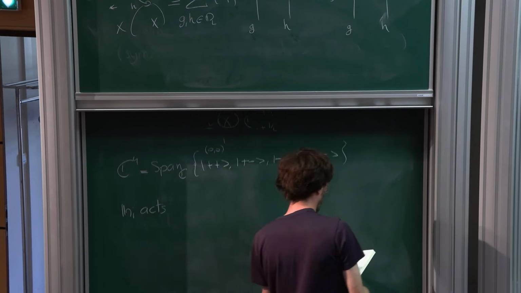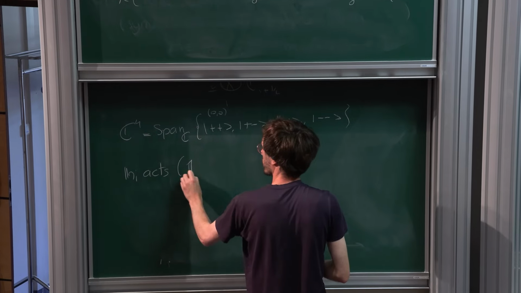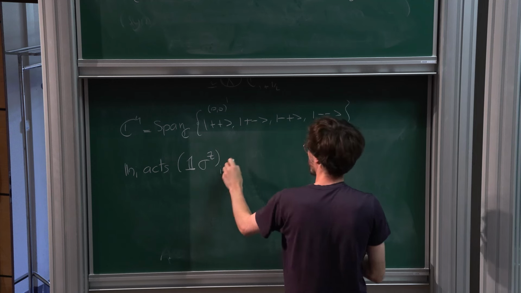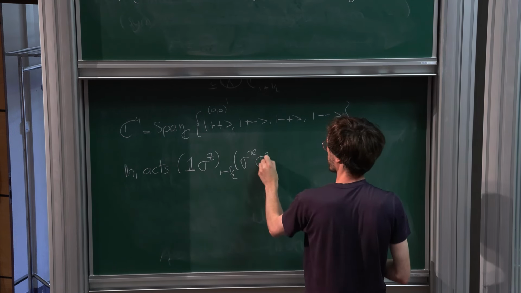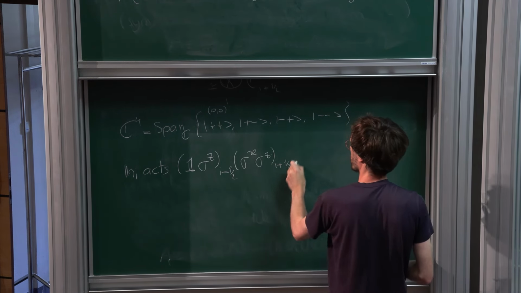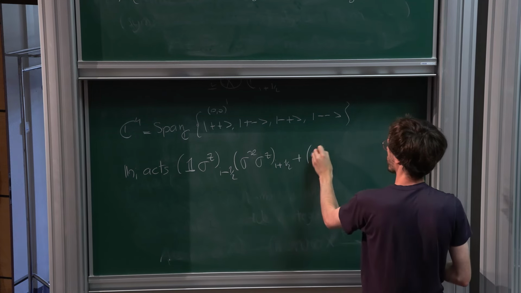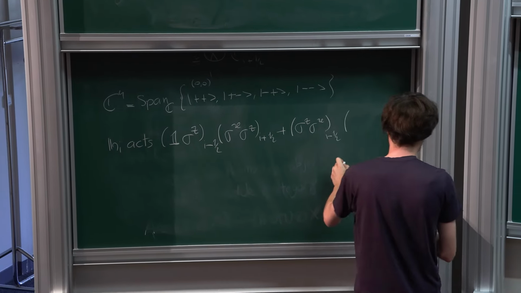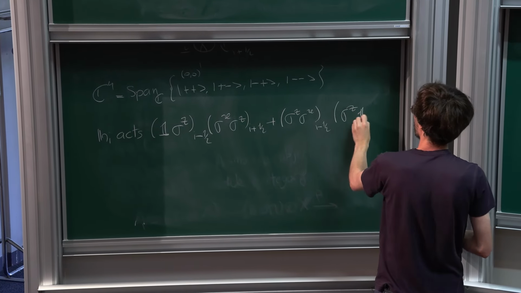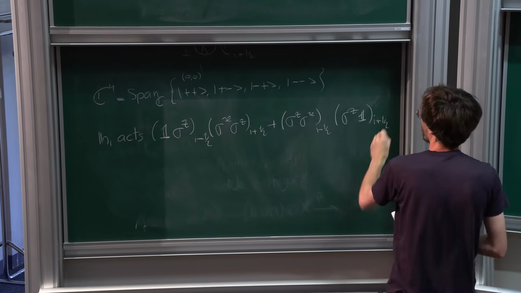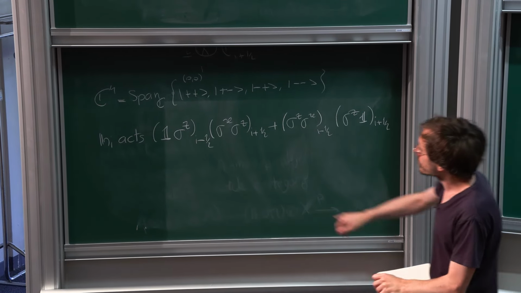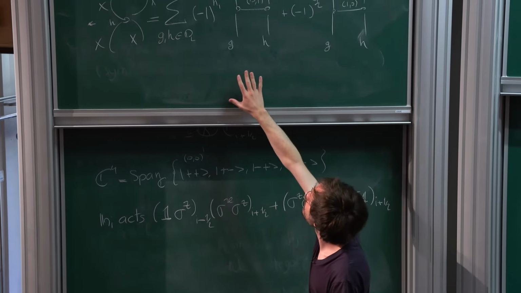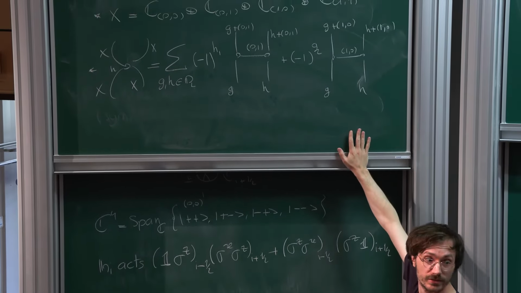So concretely, this operator acts in the following way. The sigma z's take care of, so the first part here is the one on the left, the second part is the one on the right.